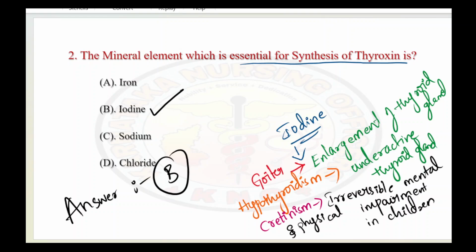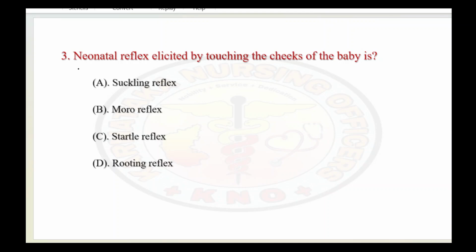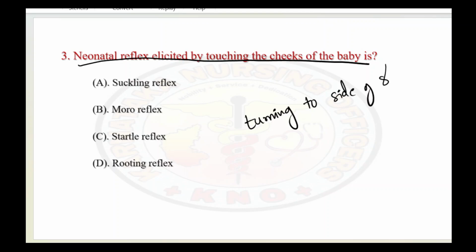So the next question is the neonatal reflex elicited by touching the cheeks of the baby. When we are touching the cheeks of the baby, the baby will turn to one side, turning to the side of the stimuli.